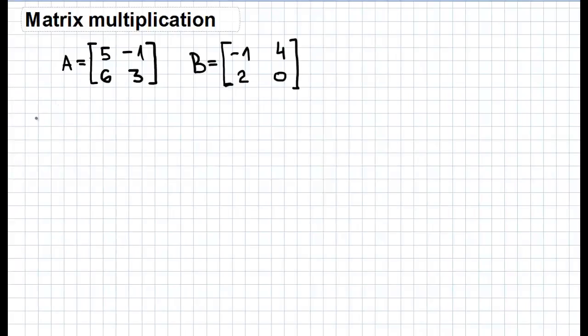In this example, we will multiply two matrices with the same order 2 by 2.